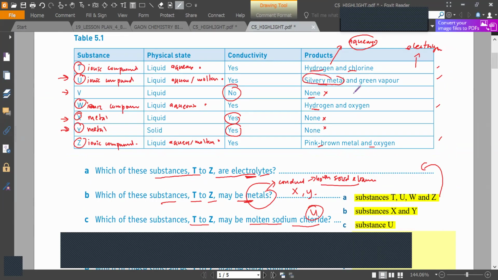When we produce a metal, it will be molten. For the aqueous, it always produces hydrogen. That is aqueous. If we produce metal, most likely it is molten. So sodium chloride is U. Okay, next.